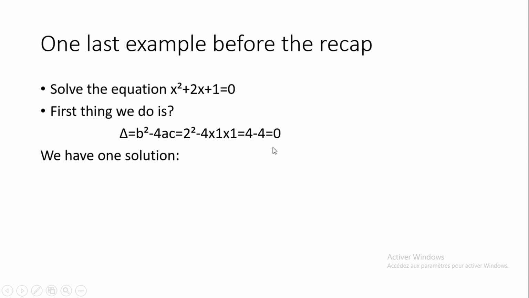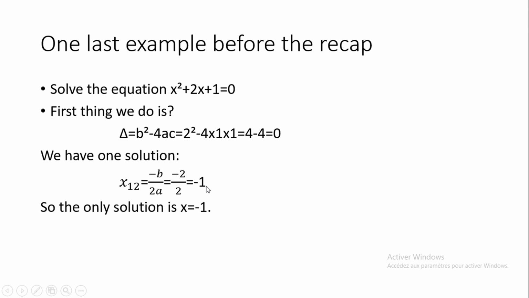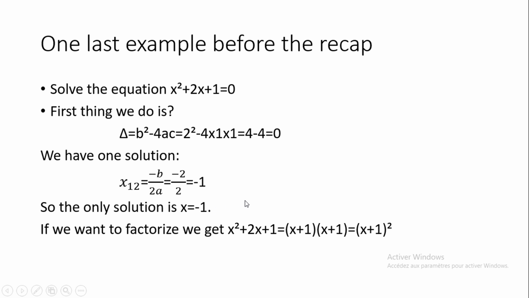How many solutions do we have? We have one solution. x12 equals minus b over 2a. Our b here is 2, so it's minus 2 over 2a. Our a here is 1, so it's minus 2 over 2. This gives us minus 1. So the only solution is x equals minus 1.